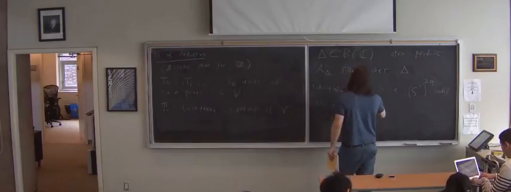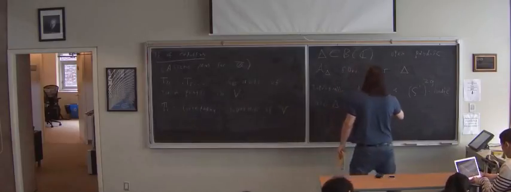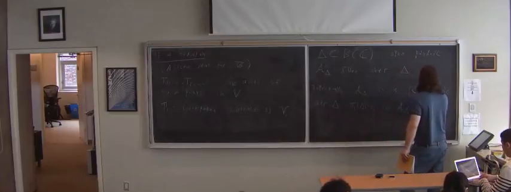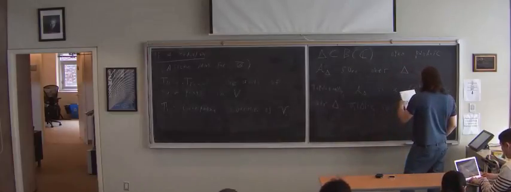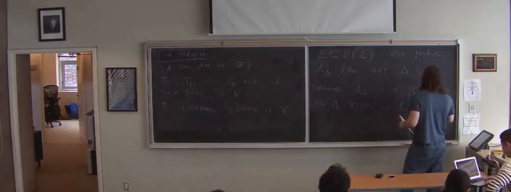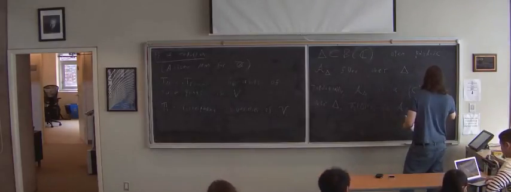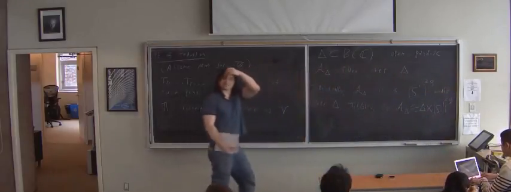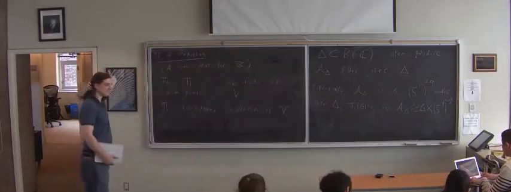It's a polydisk. And so A delta is homeomorphic topologically, or even real analytically, to delta cross (S^1)^2g.